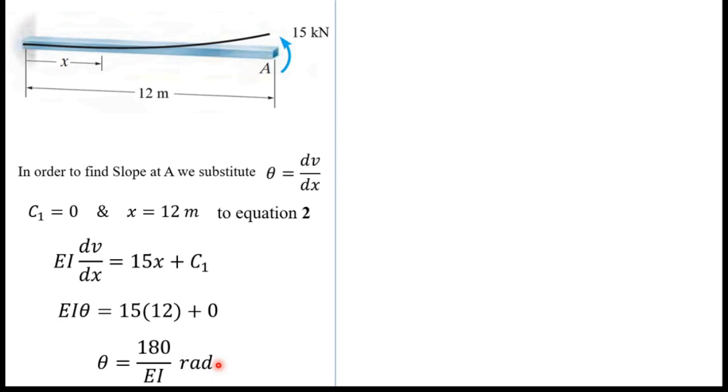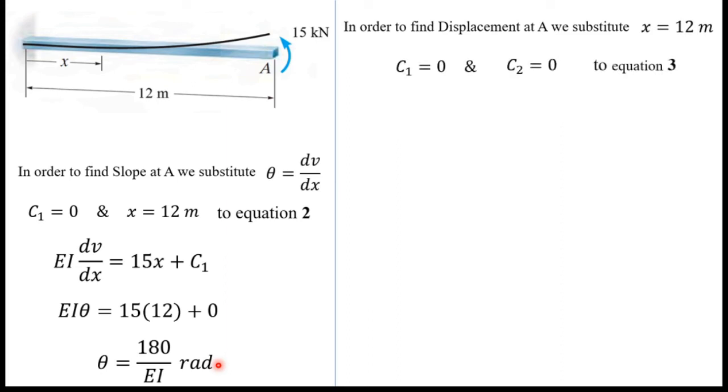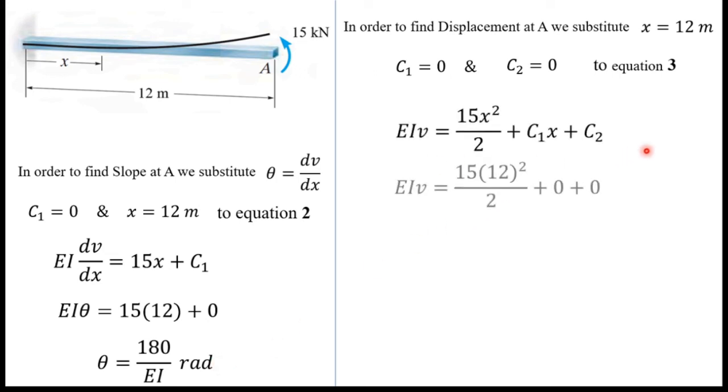Units are radians. In order to find displacement at A, we substitute x equals 12, c1 equals 0 and c2 equals 0 into equation 3. So this is equation 3, and I can substitute those values: x equals 12 and c1 and c2 both equal 0.